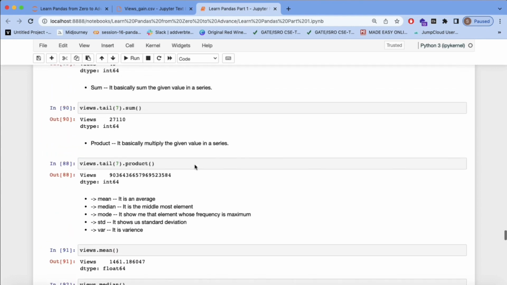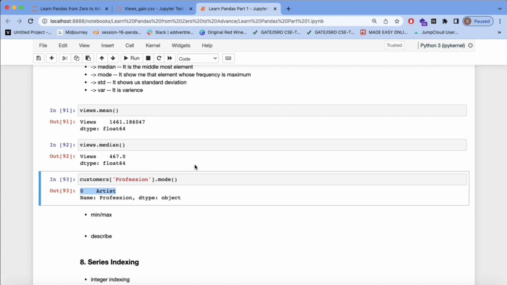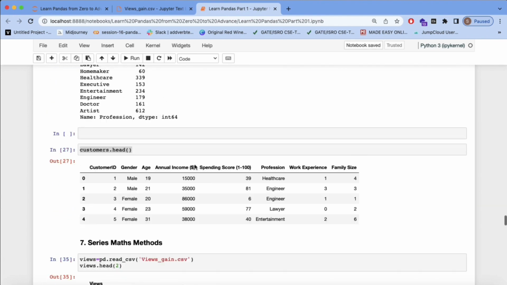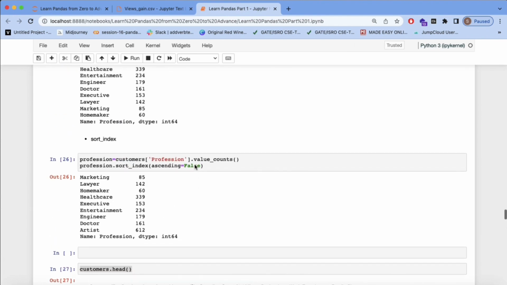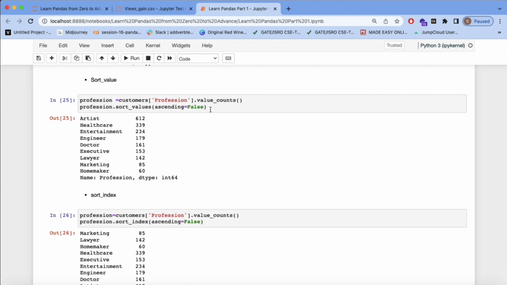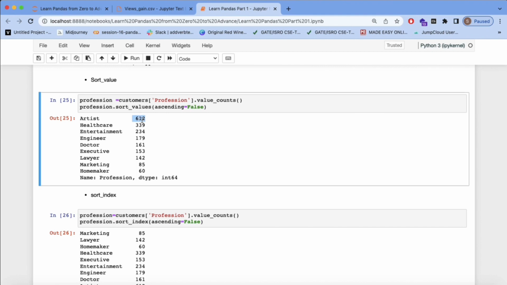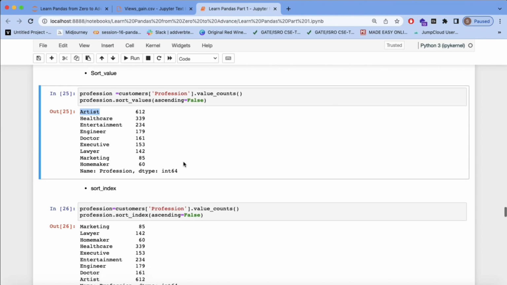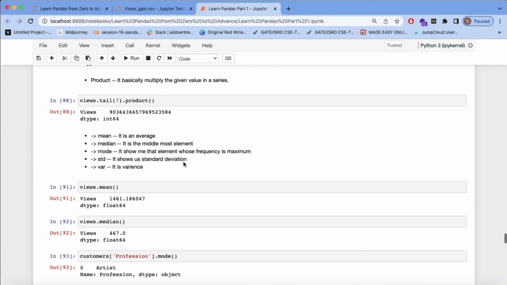I will verify this answer with the previous analysis that we did. Here in value counts we already saw that 612 people belong to artist. It means the artist profession has the maximum people, right? So I hope you understand the significance of mode here.